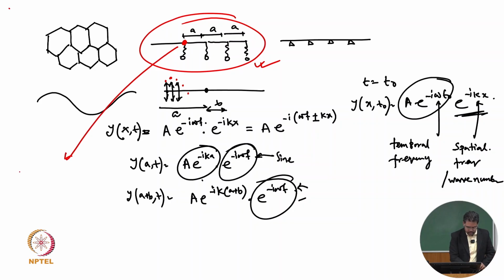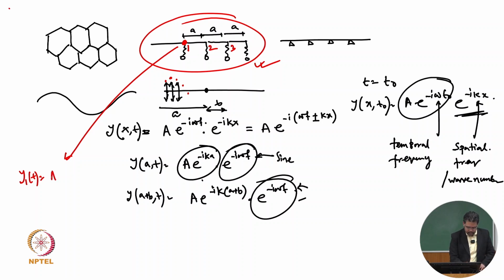My response will be, let me write node 1, node 2, node 3. So y1 will be varying with time or space? Time, exactly, because space is already fixed, I am varying with time.